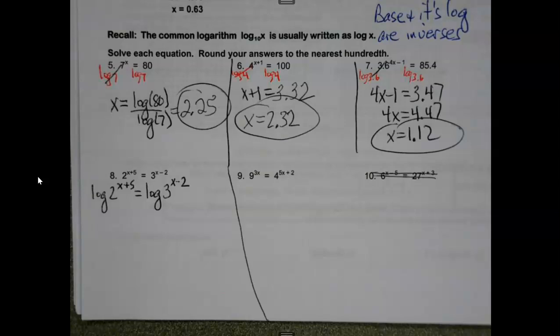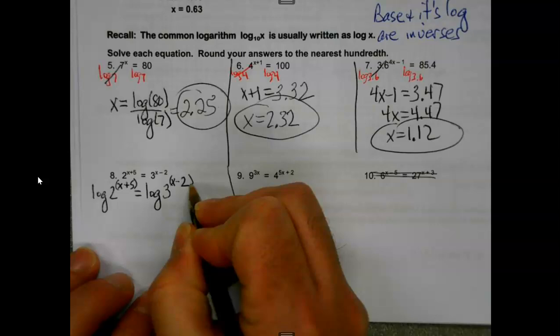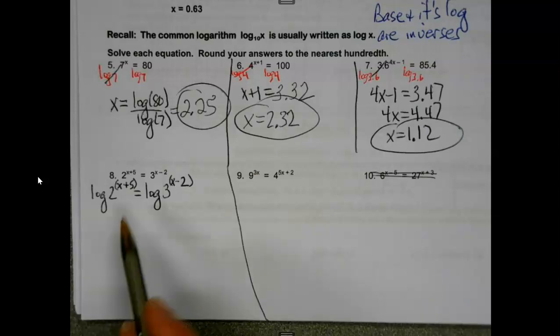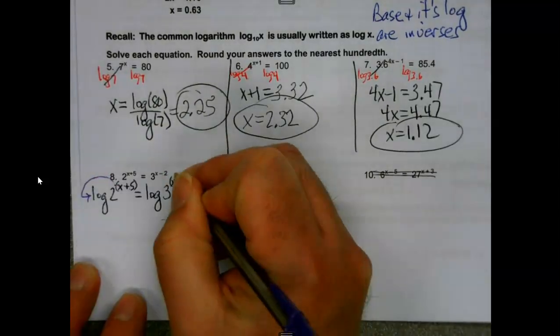So here's where the fun starts. We're going to use something we learned last week as well. We're going to expand this to be able to get to x. So when we expand, exponents become coefficients.